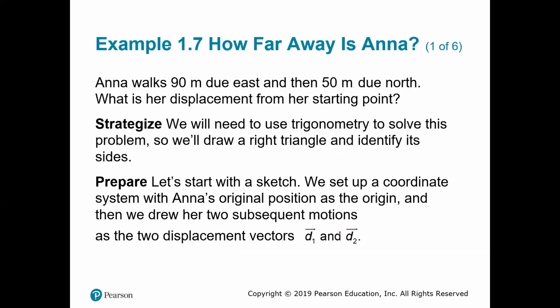Again, same question. You have 90 meters and this is your origin, right? And then you move 50 meters, right? So her displacement is what? The vector sum of the A vector and B vector, which is this.